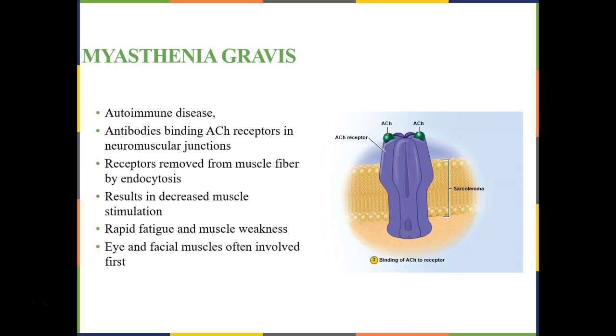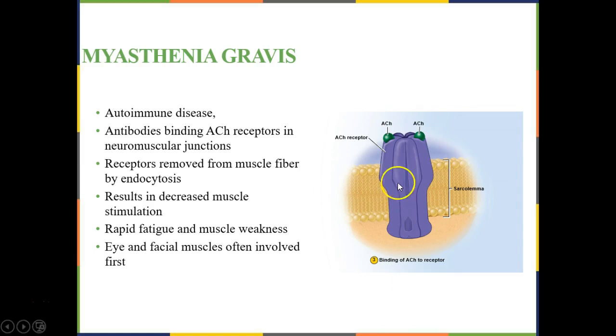Another disorder associated with skeletal muscle and contractions is myasthenia gravis. This is an autoimmune disorder where antibodies bind to acetylcholine receptors. They have the same binding shape as the acetylcholine, but when they bind, they actually break down those receptors.